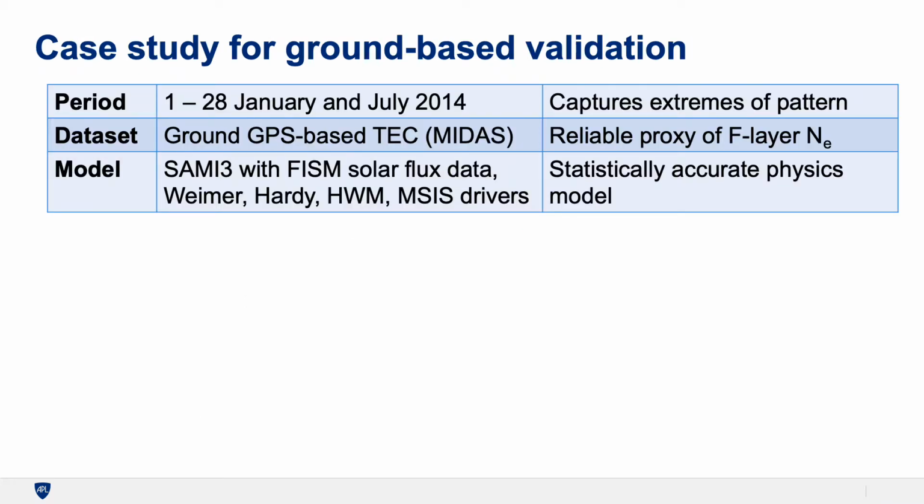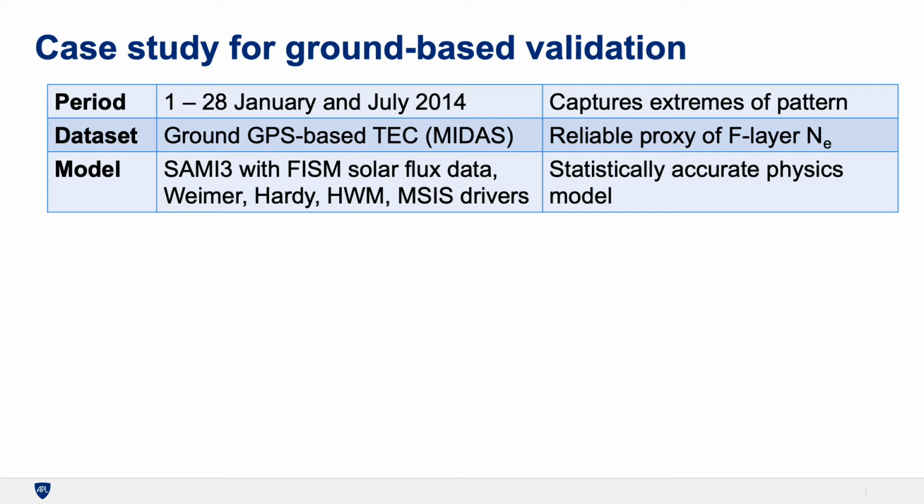So as a case study, for ground-based validation, we've selected 1 to 28 January and July 2014 so that we can capture the extremes of the pattern in the most recent solar maximum. As a data set, we'll use the ground-based GPS TEC from the MIDAS algorithm that was shown earlier. And we're using TEC because it's a reliable proxy of the F-layer electron density.